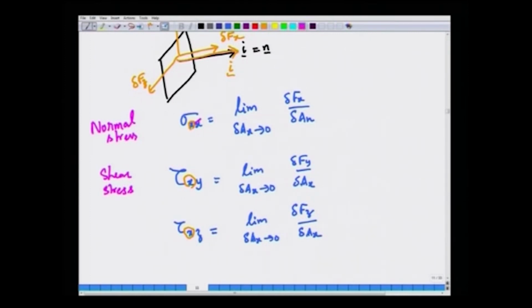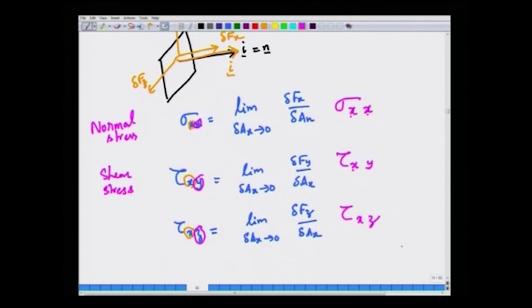The next subscript denotes the component of the force. So, sigma x x is the force per unit area acting on a surface whose unit normal is in the x direction and the force is in the x direction. Tau x y is the force in the y direction acting on a surface whose unit normal is in the x direction. Tau x z is the force that acts in the z direction on a surface whose unit normal is in the plus x direction.